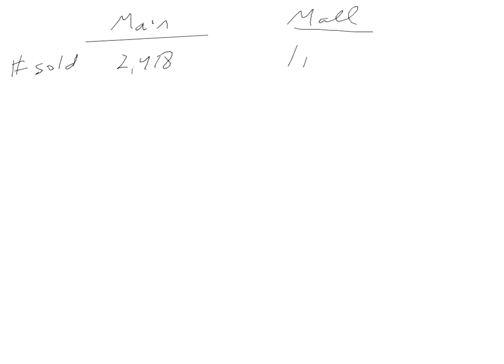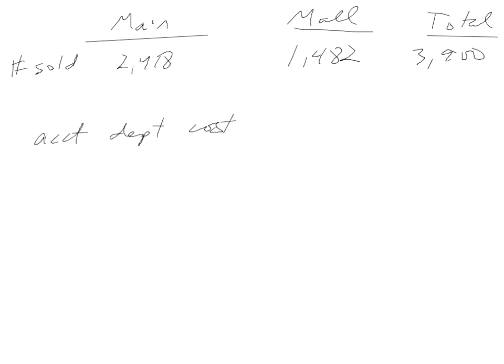So according to my fact pattern, the number of computers sold for Main Street is 2,418, and for the mall it was 1,482. So total computers sold is 3,900. The accounting department cost was $200,000.